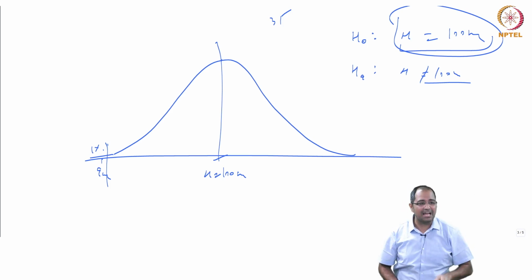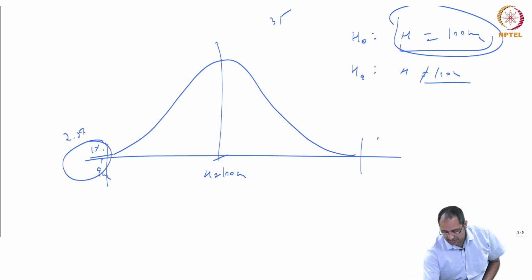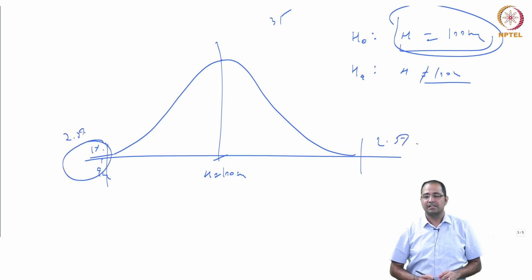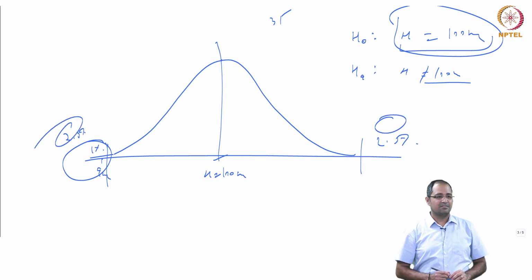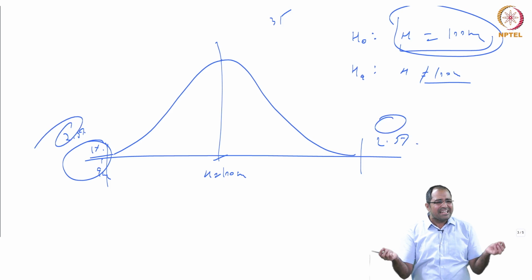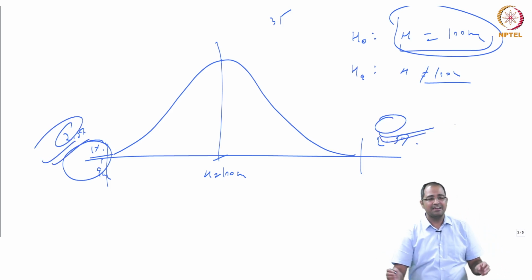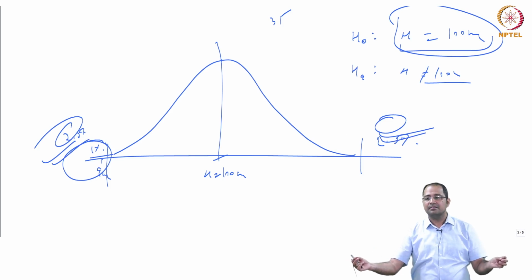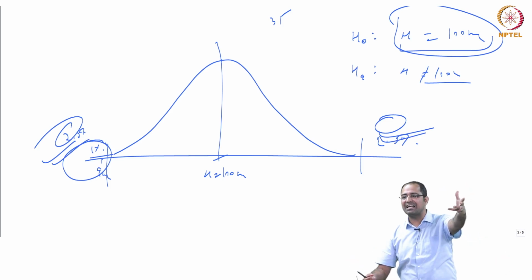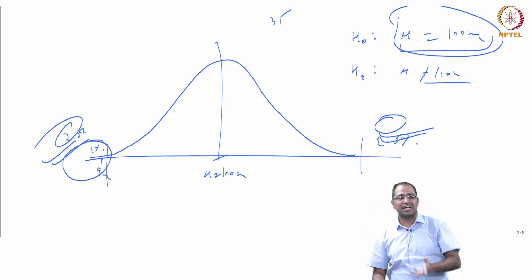So you reject the null hypothesis. This is 2.5% and this is 2.5%. If the value falls here or here, there is only a 2.5% chance of something happening here. If it is so unlikely, given that we assume the null hypothesis correct, in those cases we reject the null hypothesis.